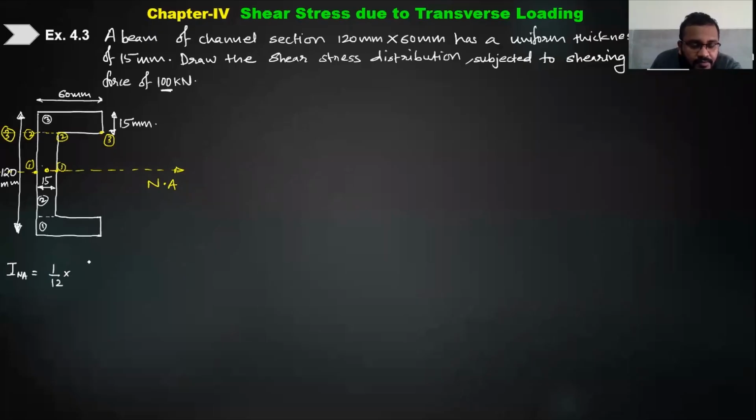Where this 90 comes from? Height. So you're talking for which section? Middle one. Okay, fine. 90. Cube, 15 into 90 cube plus 1 by 12. Make it twice for the two flanges.